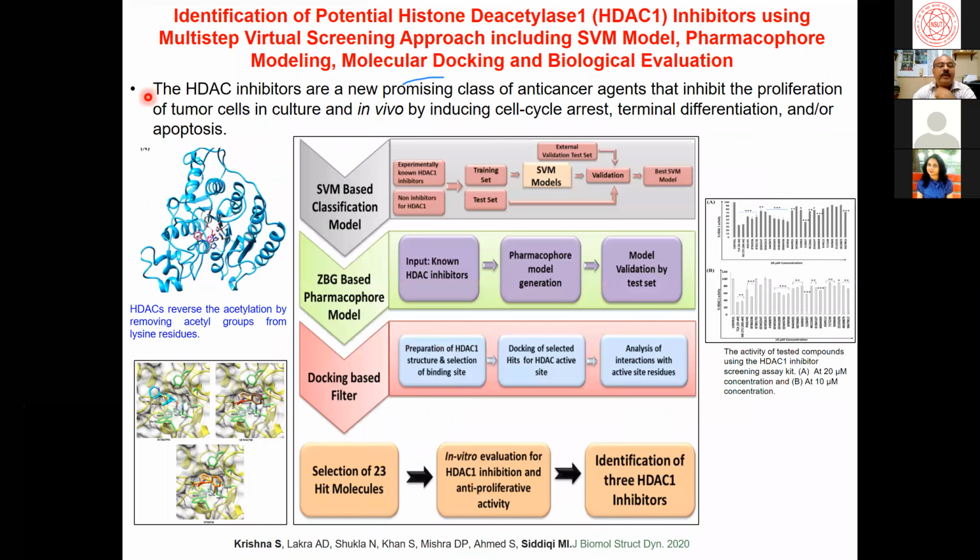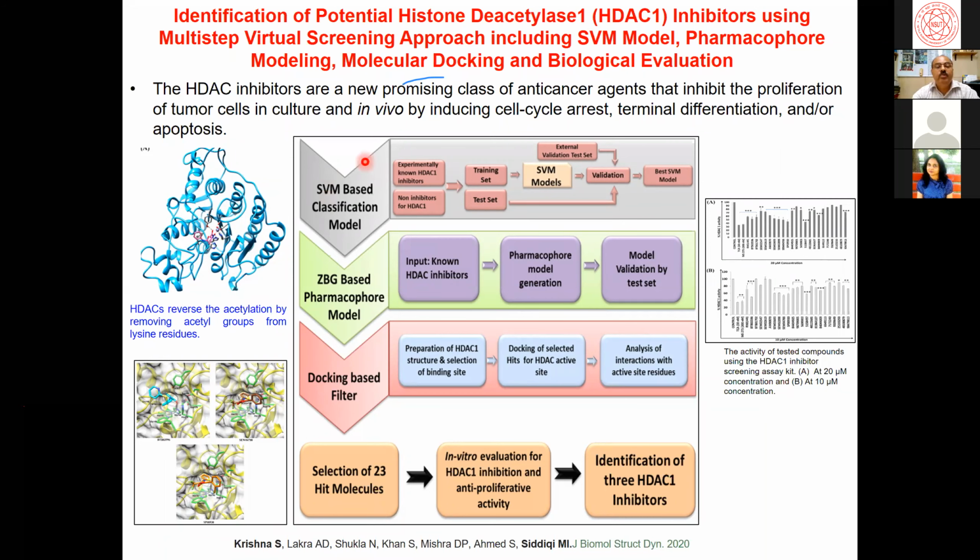Similarly, in another work on HDAC inhibitors, she tried to integrate these machine learning models with virtual screening approaches. HDACs are targeted because they reverse acetylation by removing acetyl groups from the lysine residues.